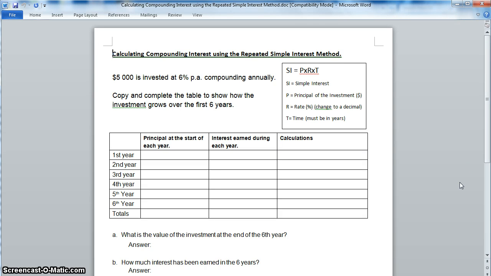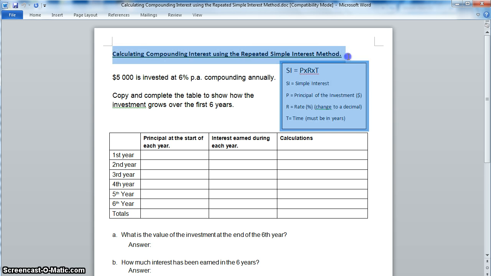Okay guys, we're going to look at calculating compound interest using the repeated simple interest method, as the heading here suggests.